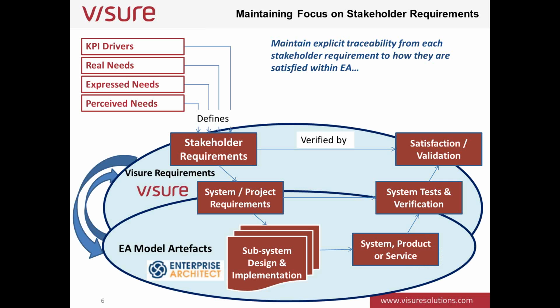So at the top level, your stakeholder requirements are still typically caught in a requirements tool. Very often people use Microsoft Word and Excel to do this. They are what I term classic islands of information, which doesn't lend itself naturally to having connection, direct linking to how those requirements are satisfied in the project development.